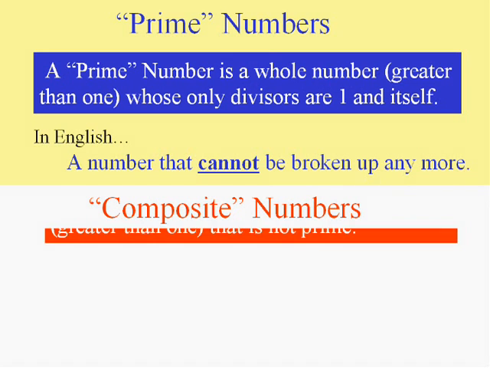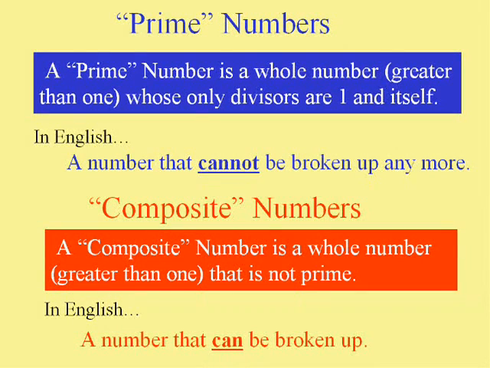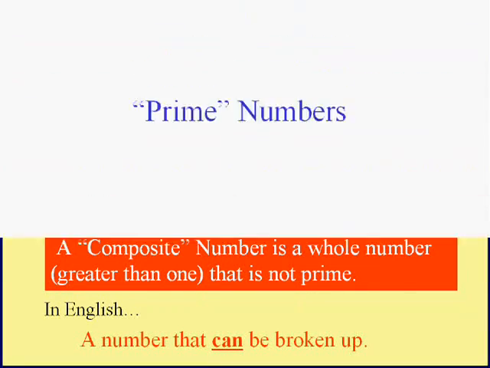Composite numbers, don't get confused, a composite number is a whole number greater than 1 that is not prime. In other words, it can be broken up. So they're opposites. Prime numbers cannot be broken up. Composites can be broken up.